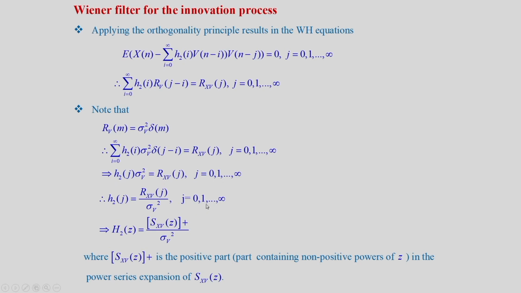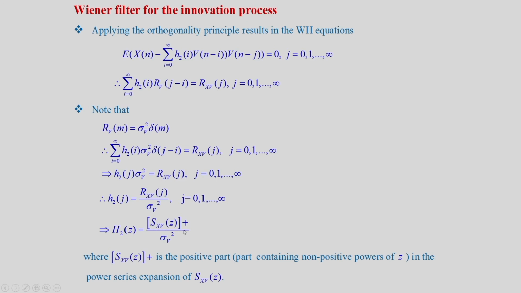So, we are able to find h2j since our input process is a white noise process, and taking the z transform of h2j, we will get h2z is equal to z transform of rxv of j divided by sigma v square. But here j is defined for 0 to infinity.